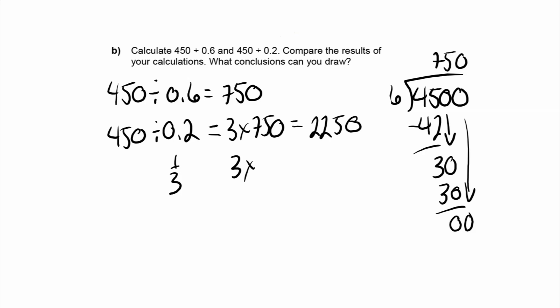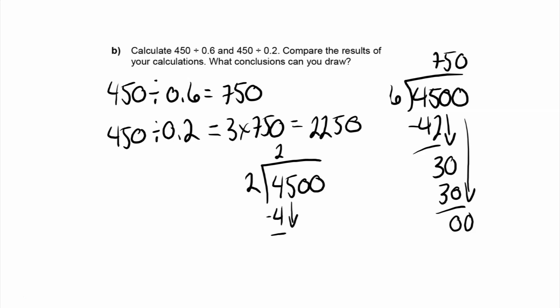And if we wanted to double check that process by doing the long division, we could go ahead and do that. 450 divided by 0.2. Take off the decimal, move it one position this way, which means we have to add another 0. 2 into 4 goes 2 times.